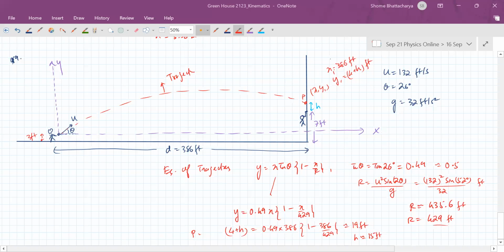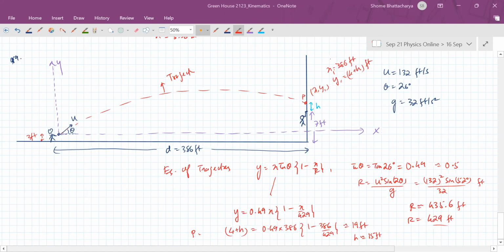So I've still done a bit of approximation, but the answer is more or less accurate if you do approximation up to first place of decimal. So that was the 9th question.